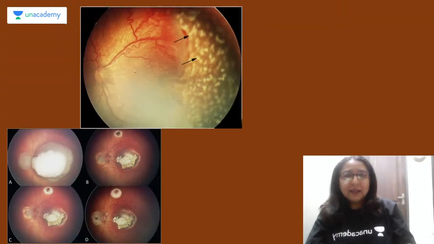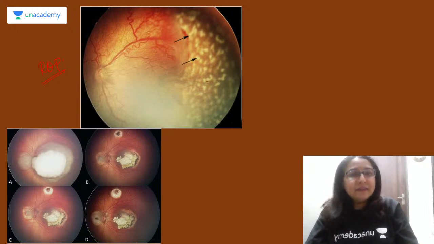Okay. Now here we are looking at a fundus image in a case of retinopathy of prematurity, and you can see the laser ablation of the avascular retina is done. Okay, so photocoagulative laser is used for the treatment of retinopathy of prematurity.